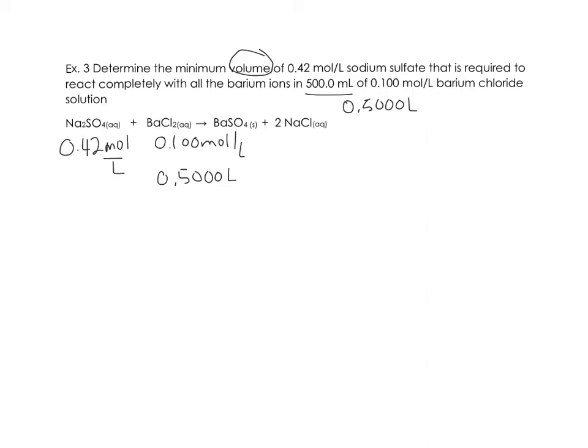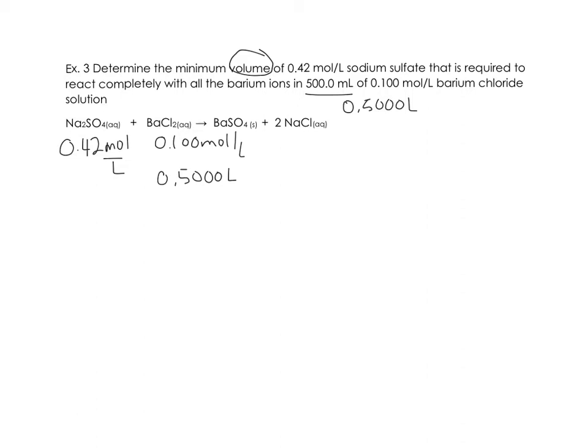So we're given two pieces of information about barium chloride, one piece of information about sodium sulfate, yet we're asked for a second piece of information about sodium sulfate. So we can find the moles of barium chloride, use mole ratio to convert to sodium sulfate, and now we have two pieces of information, can find the third.